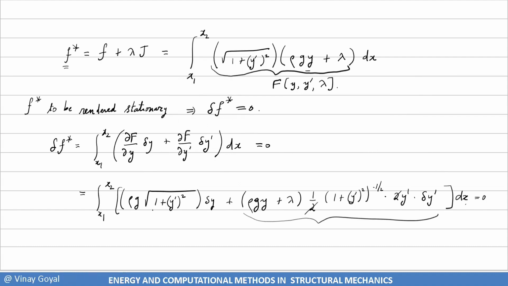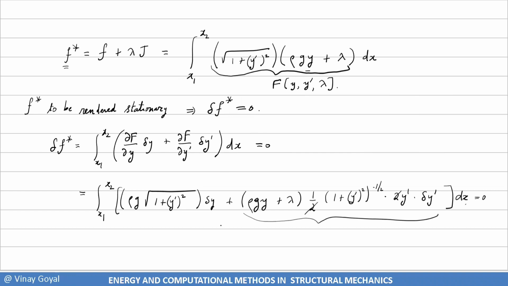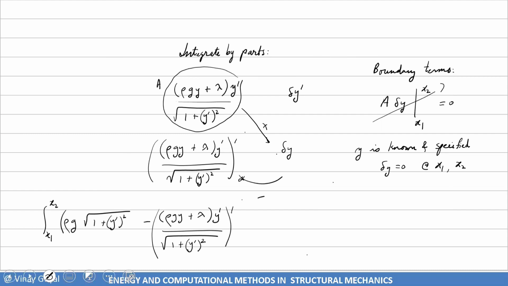So I get the integral from x1 to x2, and you can see here that I have rho g square root of 1 plus y prime squared. The del y will factor out. So I have the minus of rho g y plus lambda, y prime over square root of 1 plus y prime squared, then this whole thing prime, times del y, equals 0.